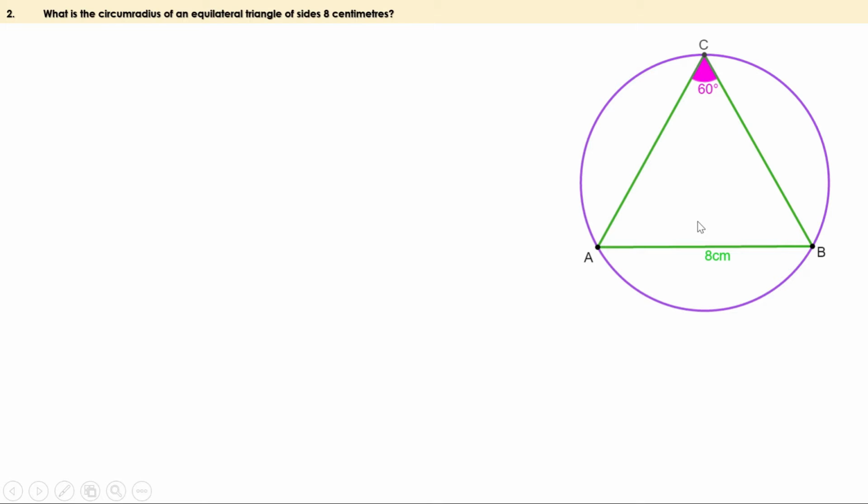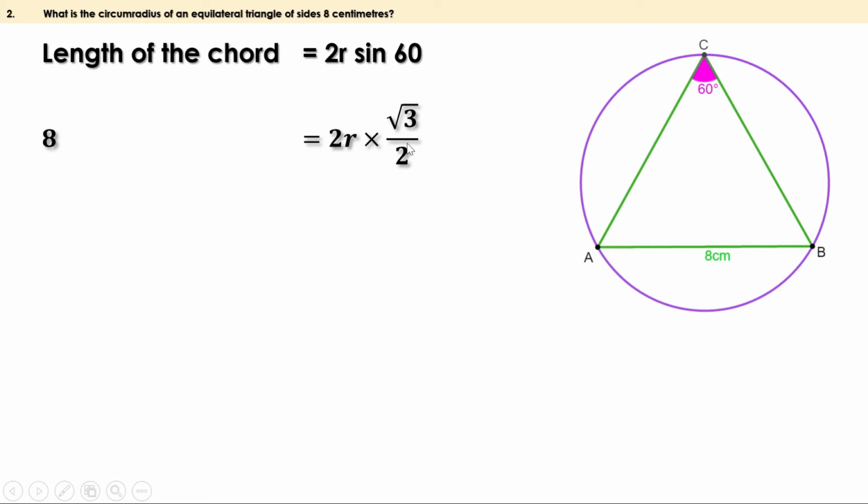We know the length of any chord is double the product of the radius and sine of half the central angle. That means the length of the chord is equal to 2r into sine 60. Here the length of the chord is 8 centimeters and the value of sine 60 is root 3 by 2. Therefore, this can be written as 8 equals 2r into root 3 by 2. 2 and 2 get cancelled and we can write 8 equals r into root 3.